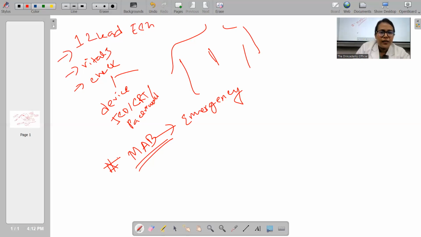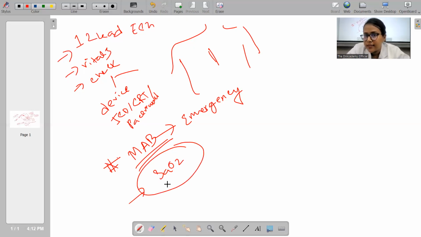Okay, number 3 is check the patient's oxygen saturation. Very important, because at the end of the day, when your heart is not beating properly, then all the organs in your body will go into a hypoperfusion state, okay? And you might also experience oxygen lack, thereby causing a drop in the oxygen saturation.